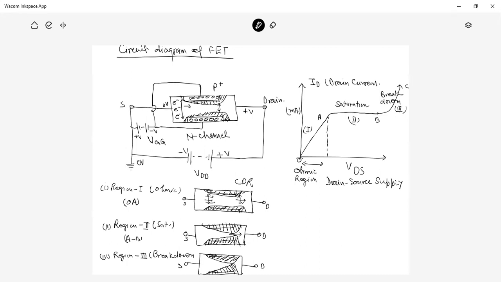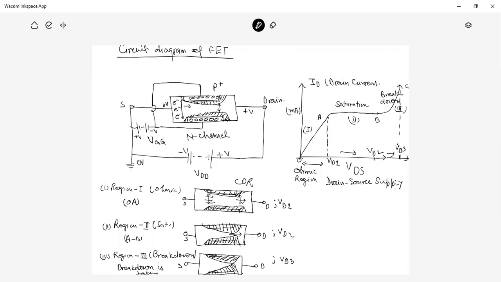So what will happen? If you continuously increase the voltage VD, here it is VD1, VD2, and up to VD3. Then at this particular point, breakdown is taking place.